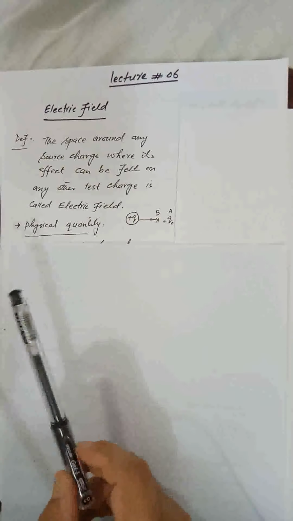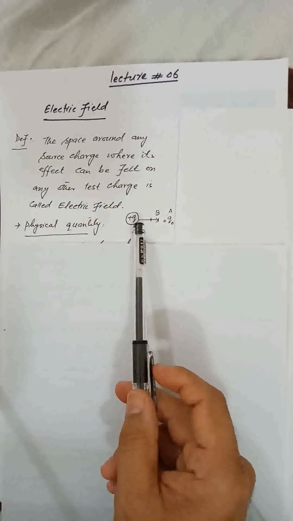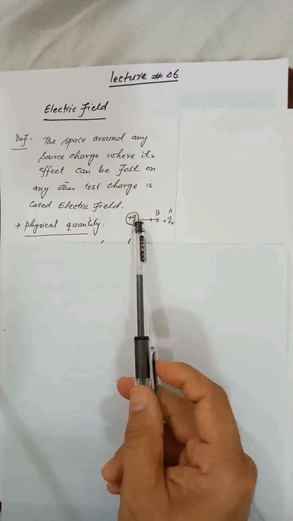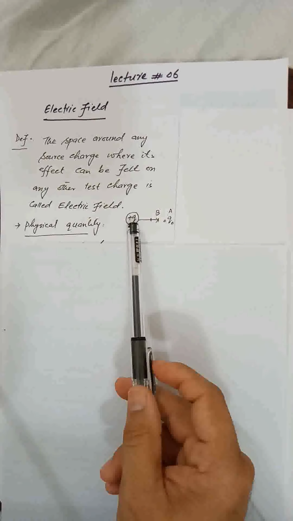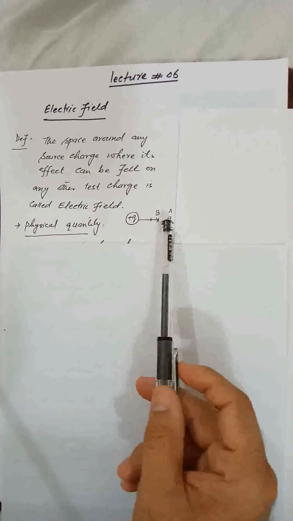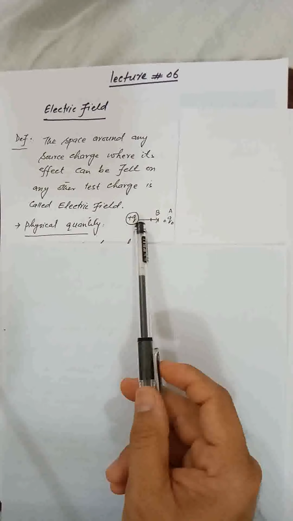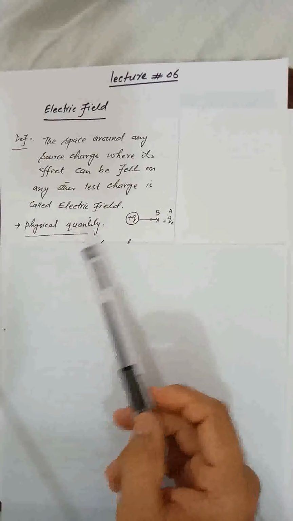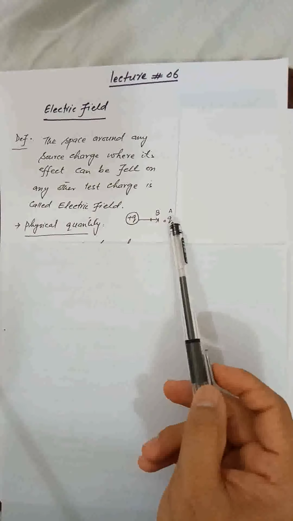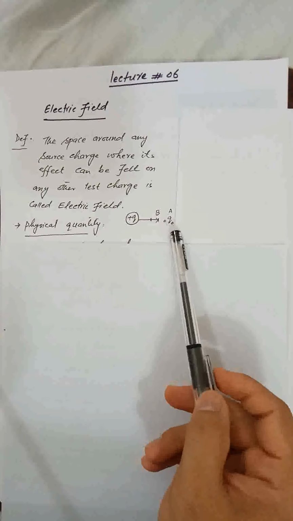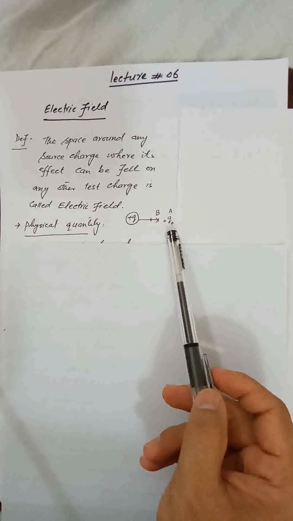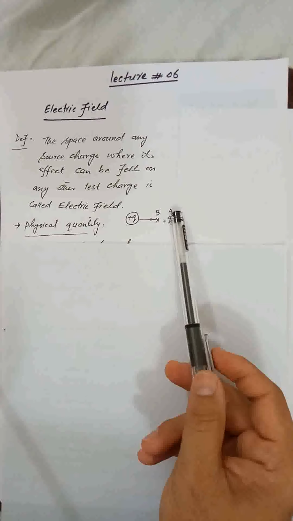But for simplicity, we represent a single electric field line emitted from the positive source charge, and its strength is up to B. There is another test charge, plus Q naught, at point A.